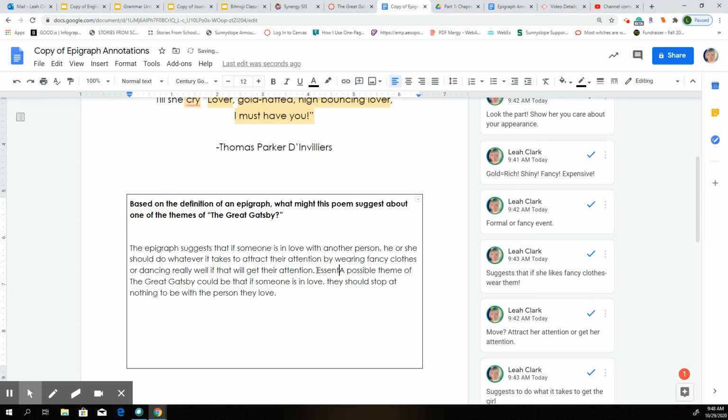Essentially, they should do whatever it takes. A possible theme of The Great Gatsby could be that if someone is in love, they should stop at nothing to be with the person they love, right?